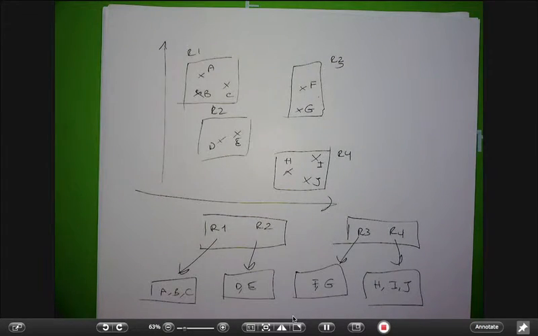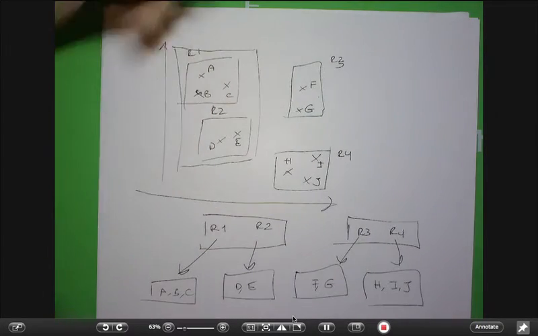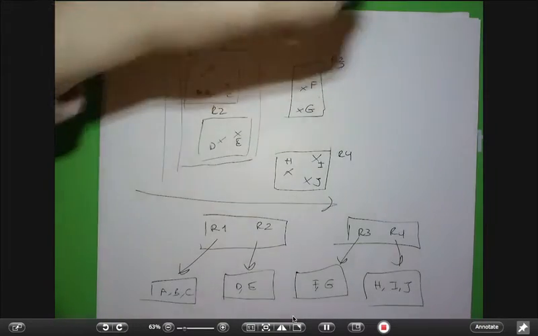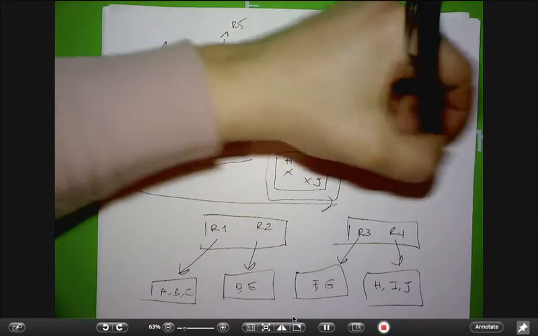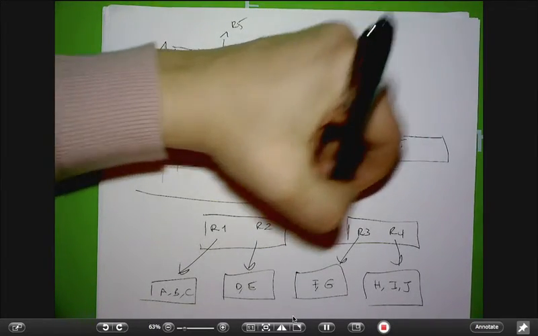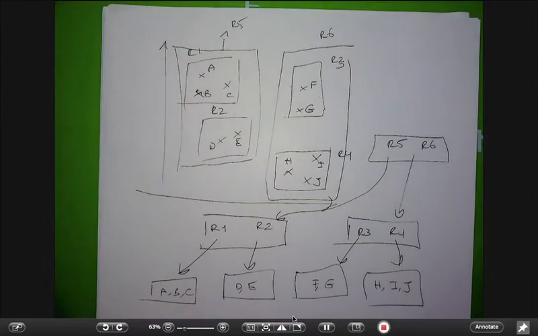And then you can build your R-tree by taking these and grouping them inside bigger rectangles. For example, you can have one rectangle like this, let's call this R5, and one rectangle like this, let's call this R6. R5 will point to this, and R6 will point to this. It's basically the same exact structure, except instead of ranges, you are storing the bounds of rectangles.